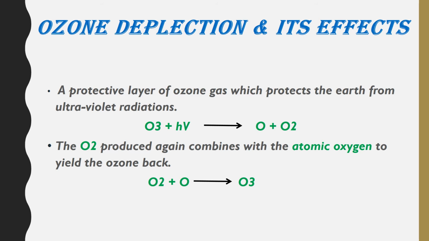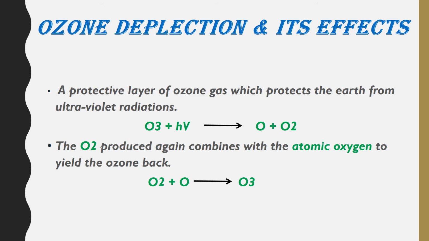And this layer protects our earth from ultraviolet radiations coming from the sun. This ozone layer covers our earth from all sides.